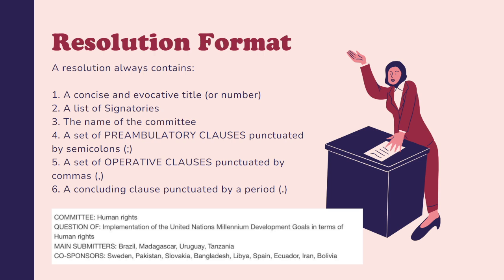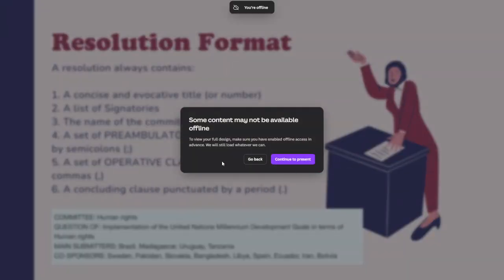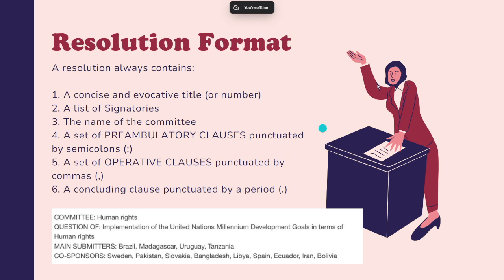A resolution will almost always contain a concise and evocative title or number. Each resolution that you're creating will be given a particular name, maybe resolution 1A or resolution 11. So that's why it's important to add the title of your resolution.